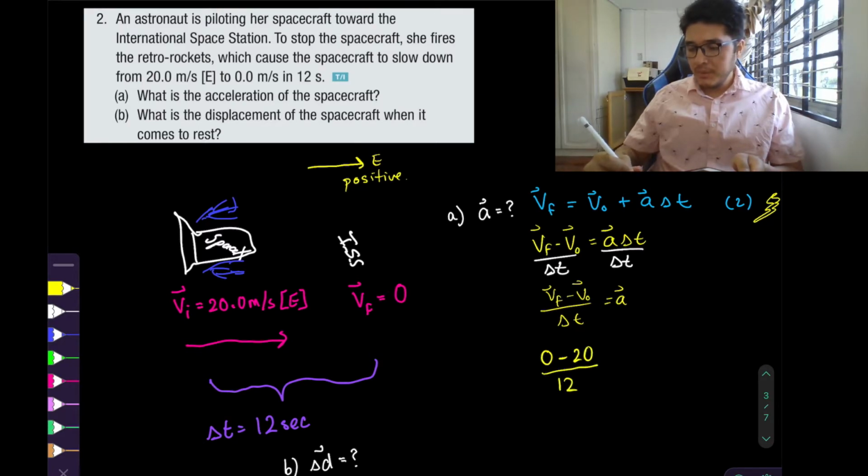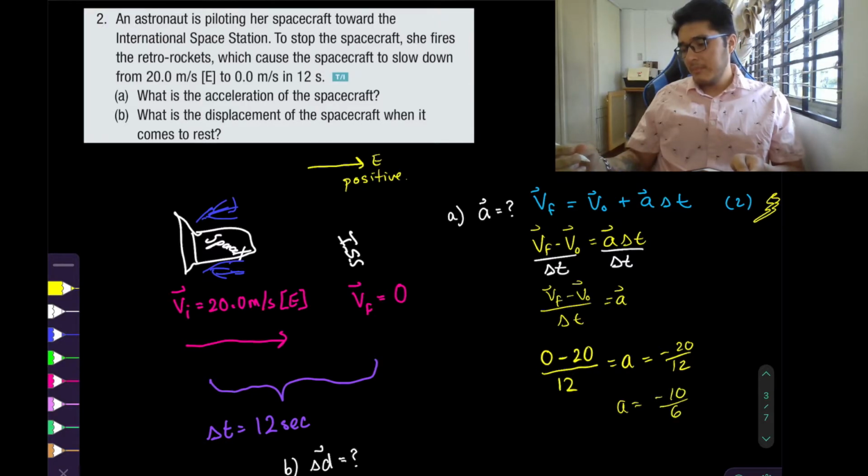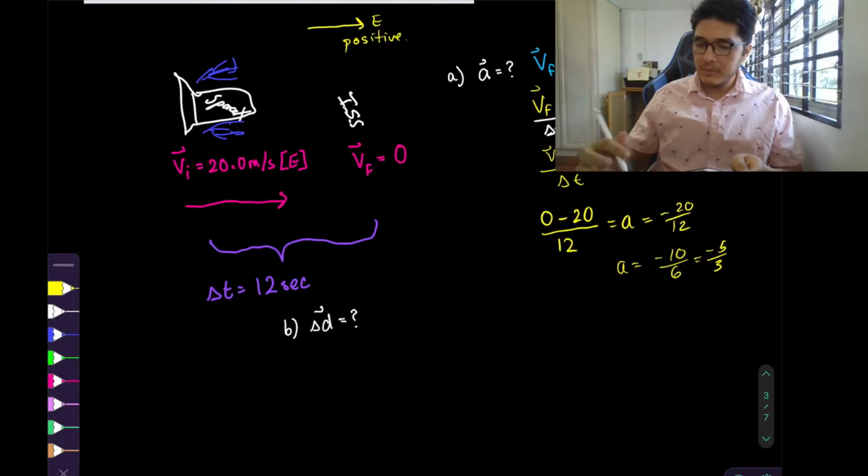Change in time is 12 seconds. So our answer is negative 20 over 12, which is negative 10 over 6, which is negative 5 over 3. I'm just reducing it.